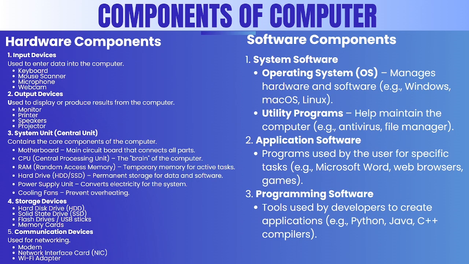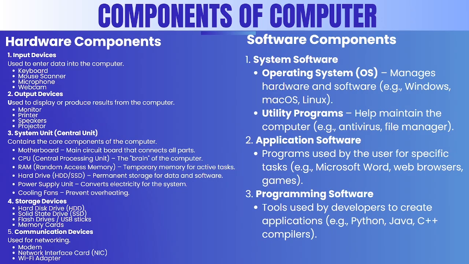Hard disk drive or solid state drive. They are a permanent storage for data and software. Power supply unit. This converts electricity for the system. Cooling fans. It prevents overheating. Storage devices.